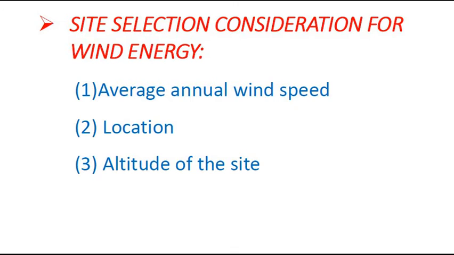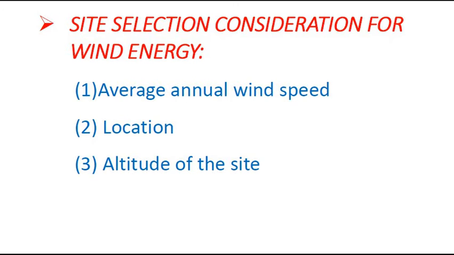The power in the wind through a given cross-section area for a uniform wind velocity is given by P = kV³, where V is the wind velocity. So we can simply say that P is directly proportional to the wind speed cubed.